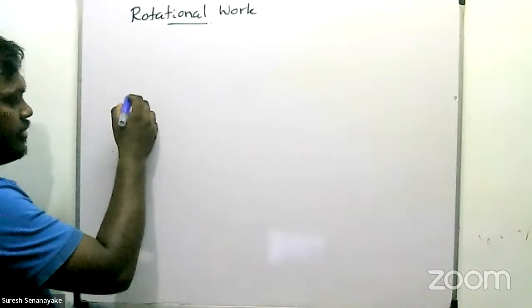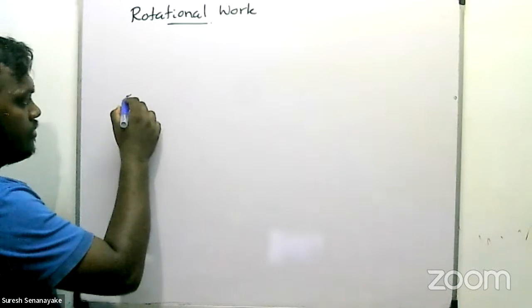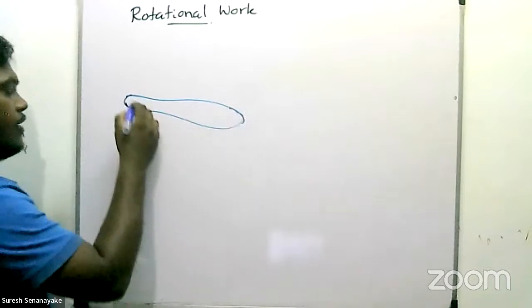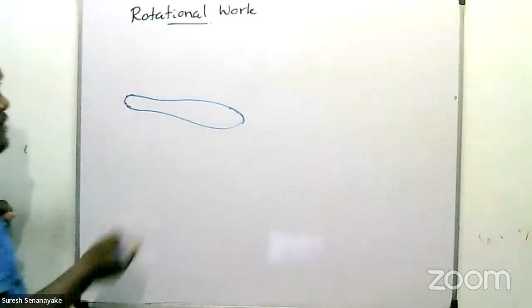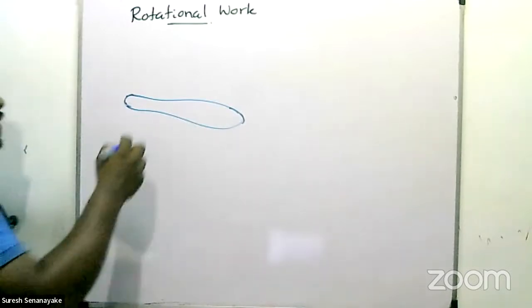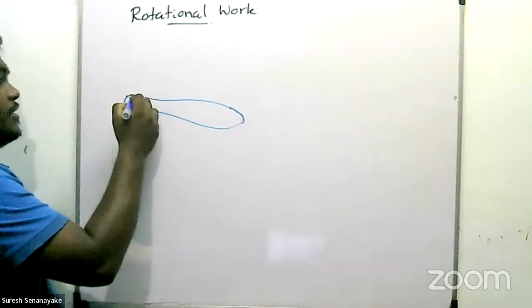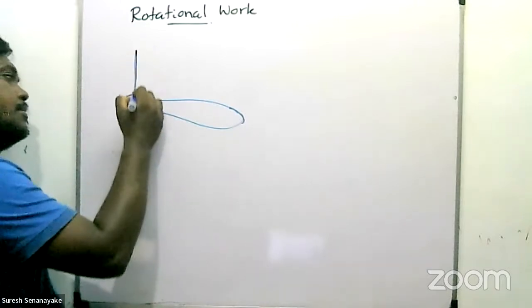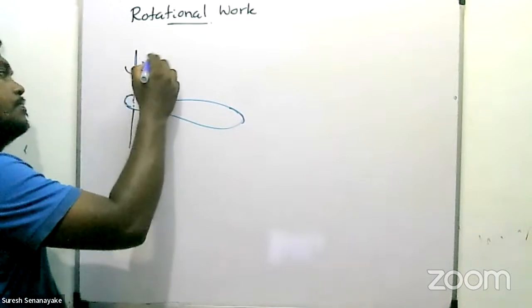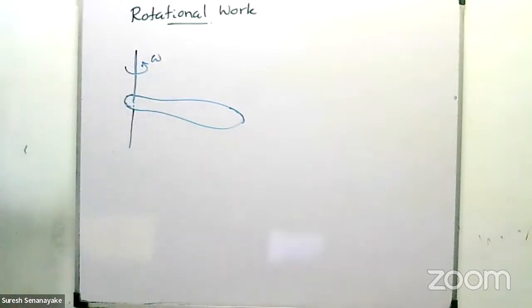Okay, I'll consider a body like this. The axis passes through this point, making a rotation with angular velocity, let's say omega.